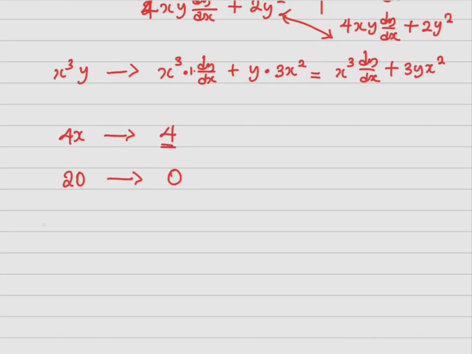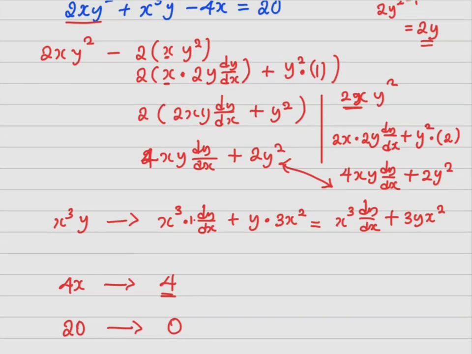Now the first one is this: 4xy dy by dx, then plus 2y squared.